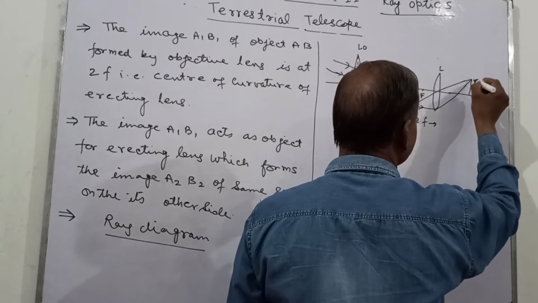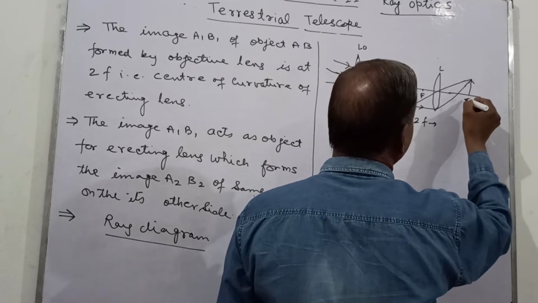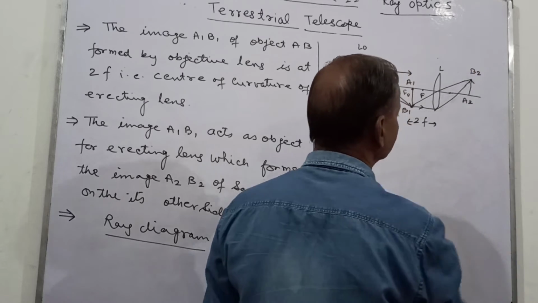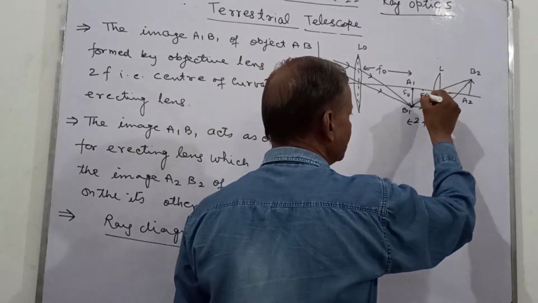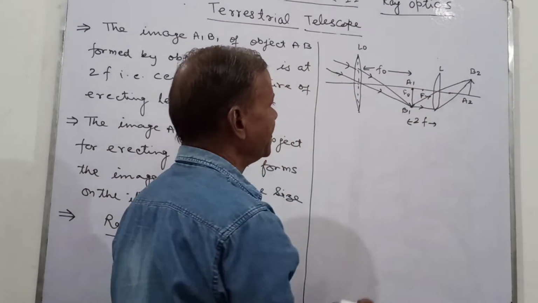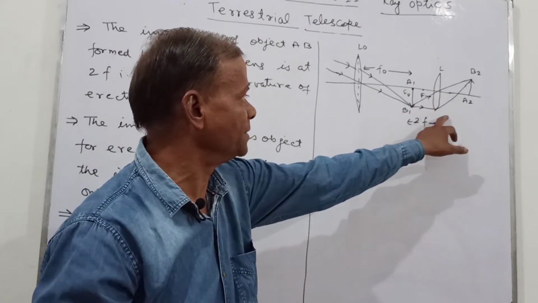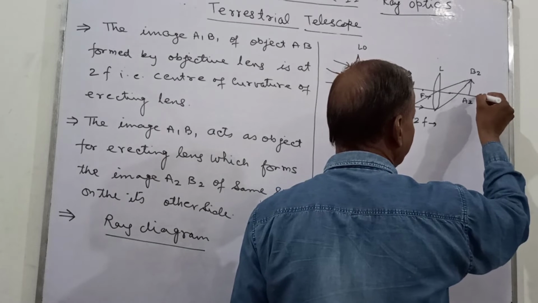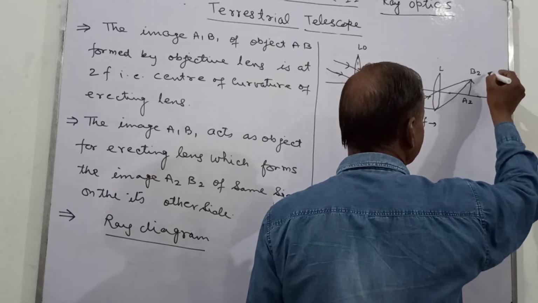So this is the image, this is now A2 and B2. This ray is like this one. This is the erecting lens. Then there is one more lens, the eyepiece, that we have here.